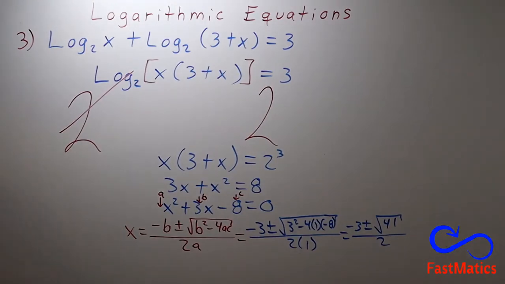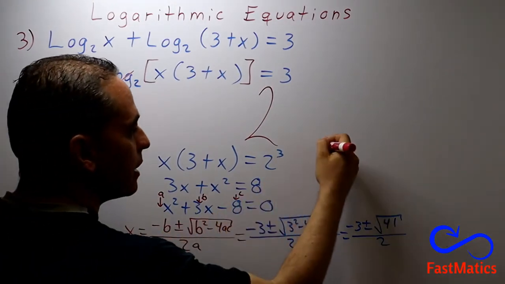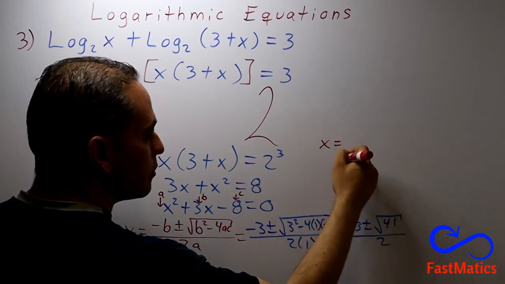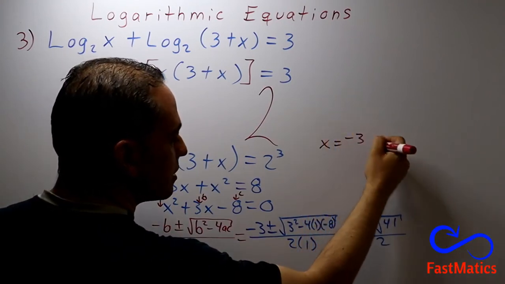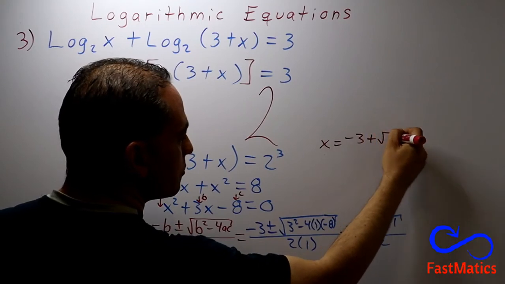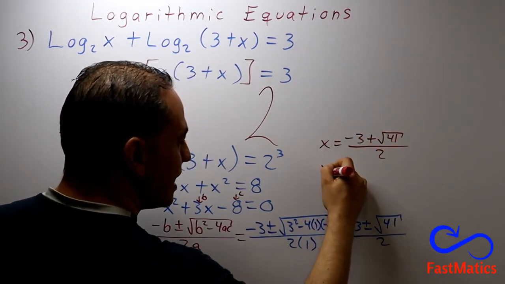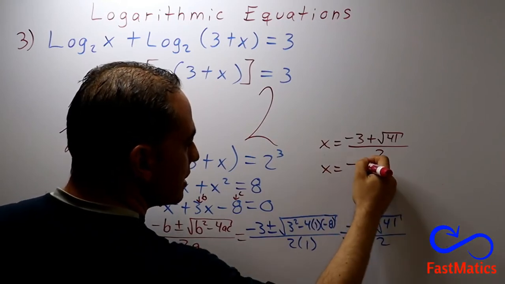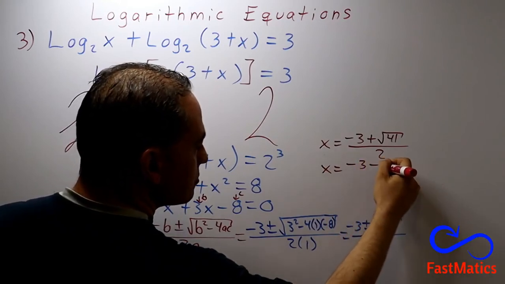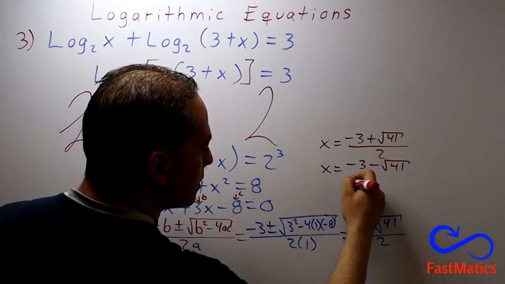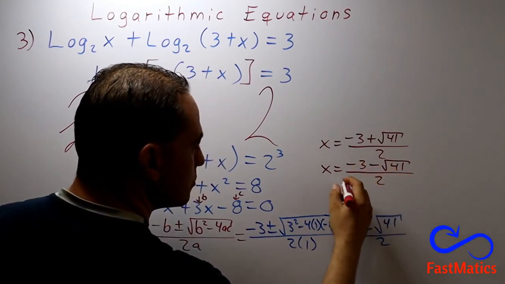Two possible answers. X will be equal to negative 3 plus the square root of 41 divided by 2. And x will be equal to negative 3 minus the square root of 41 divided by 2.